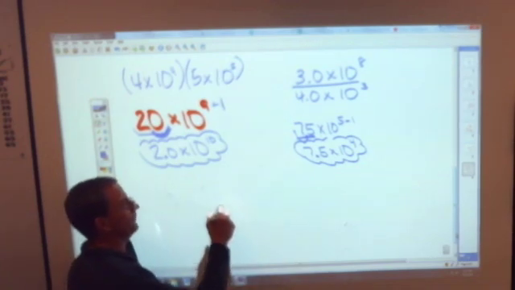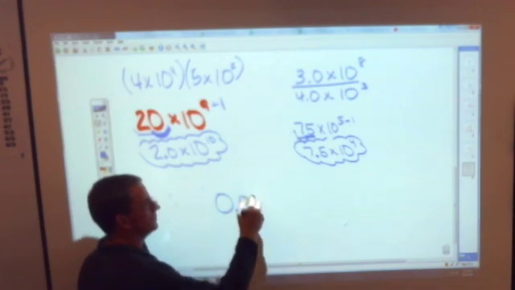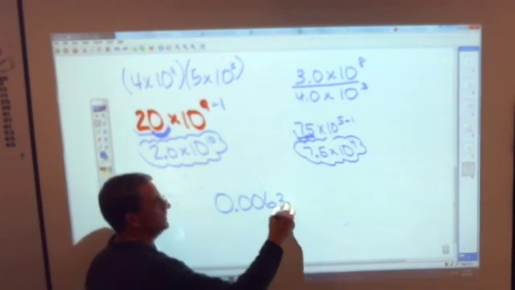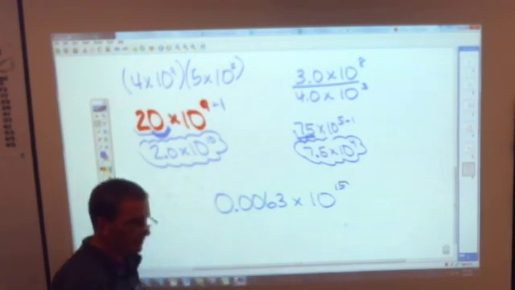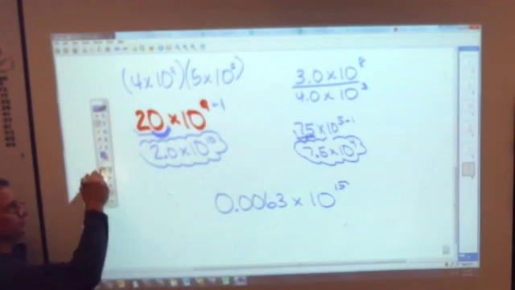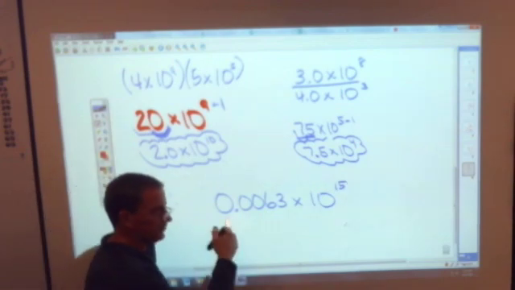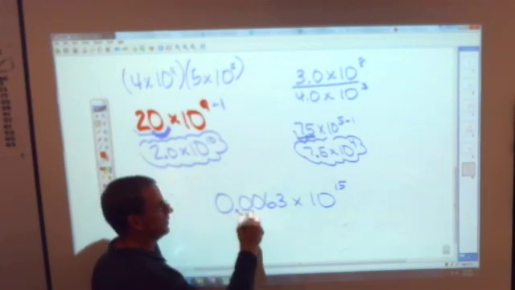So here you go. What if I had this 0.0063 times 10 to the 15th power? If I gave you that and asked you to turn that into scientific notation because it is not, what would my answer be? And it's not very difficult, children. You just need to move this decimal so the number comes between 1 and 10, which would put it where?